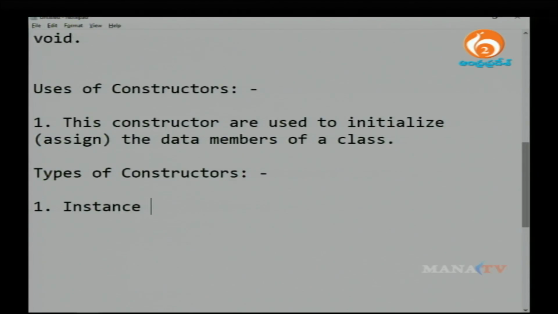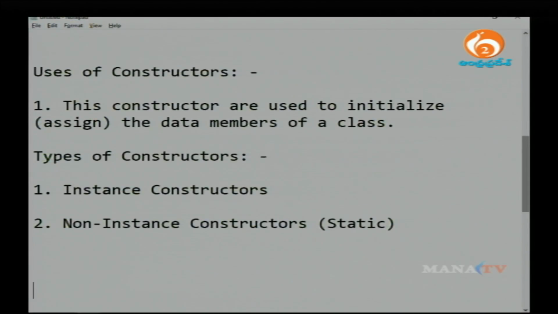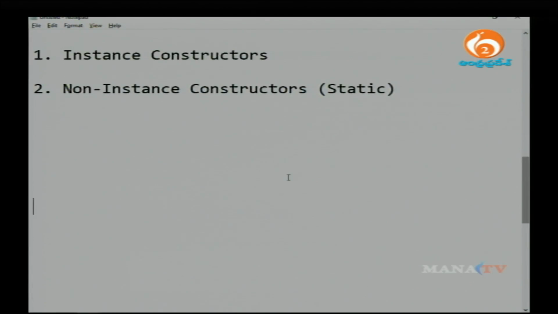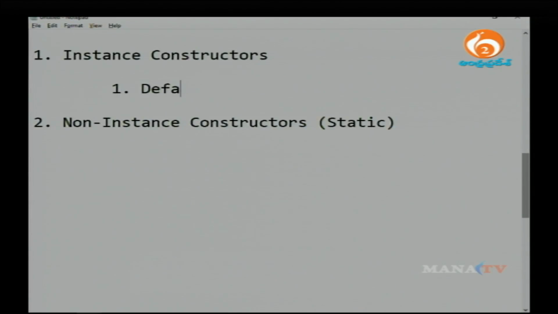One is instance constructors and the second one is non-instance constructors, right. This non-instance constructor you can also call static. This constructor always appears with a static keyword. Yes. So, with instance, first you have default constructors.